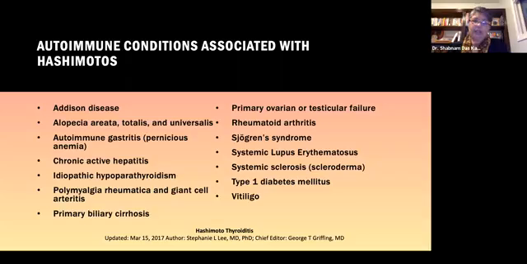So the gut and thyroid are very intimately related. You can see the list, and there are more than 100 autoimmune conditions, but these are the common ones that have been shown in studies. So very important to bear in mind. The ones that I see are vitiligo, or rheumatoid arthritis, conditions where the patient will have symptoms. However, diabetes antibodies is one of the ones that I usually like to test.